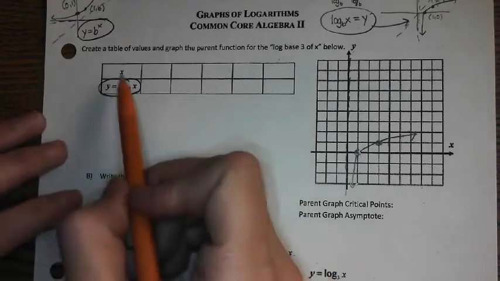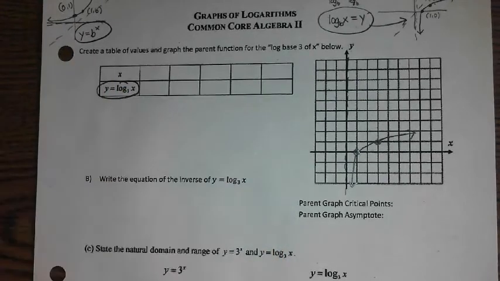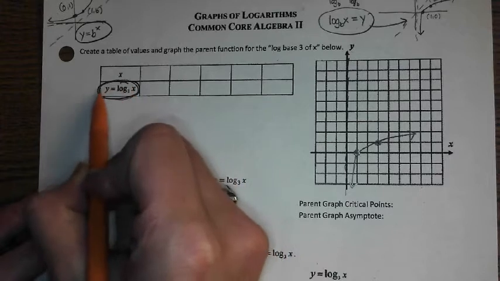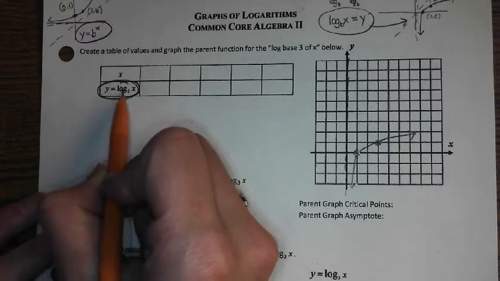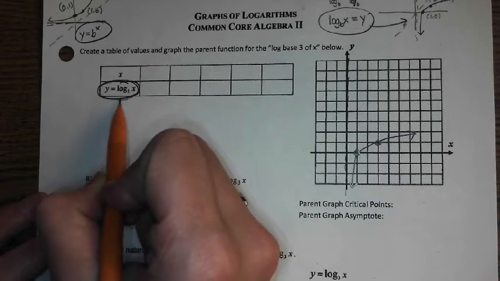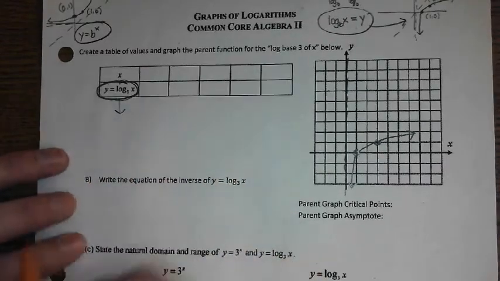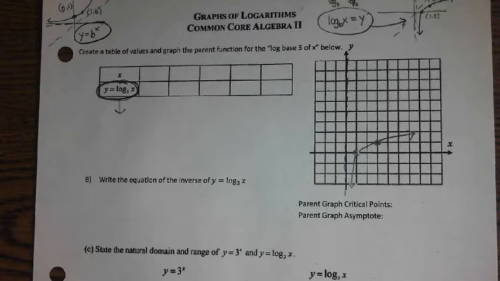Now, a table of values is trickier for a log function because picking the x's is not a good idea. What's the translation of y equals log base 3 of x into an exponential equivalent, Isaiah? Nope. Nope.